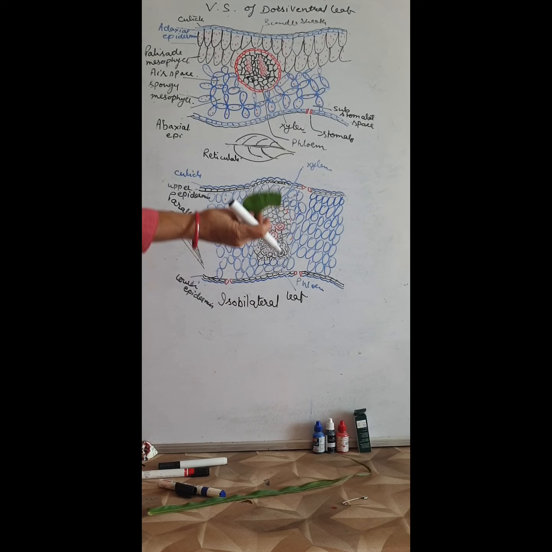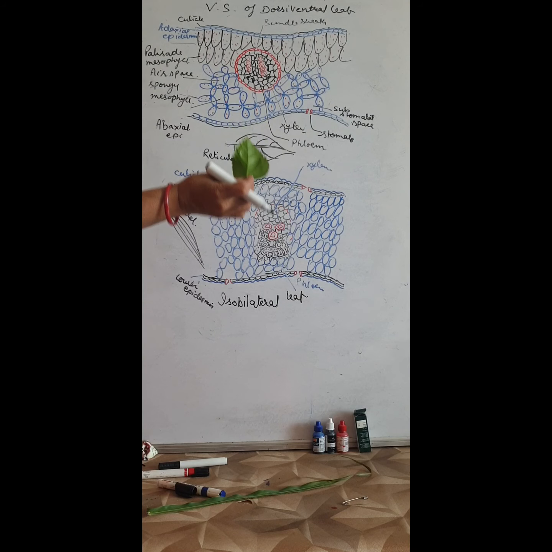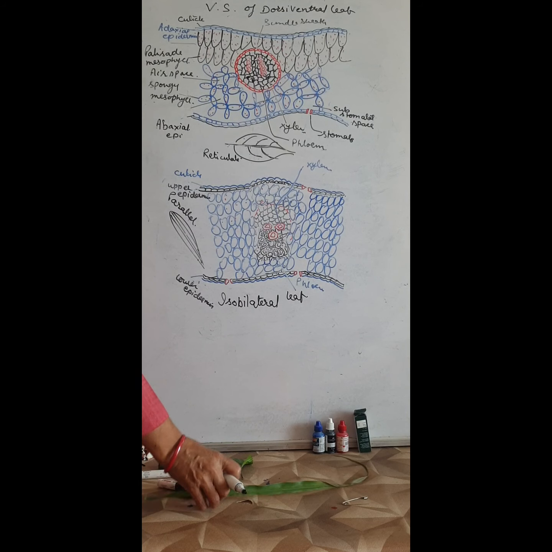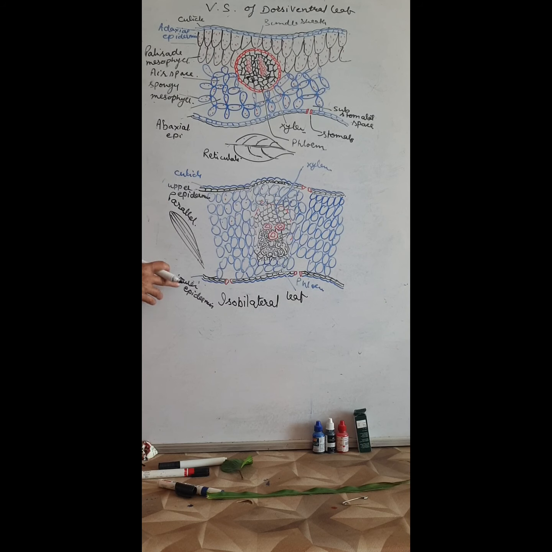As I showed in this leaf, the dorsal and ventral surfaces are of different color. So this side we call the adaxial surface and here the abaxial surface. But in the monocot leaf, the isobilateral leaf, both sides are of the same color. So we don't call them adaxial or abaxial surface. We should write the upper epidermis and the lower epidermis.